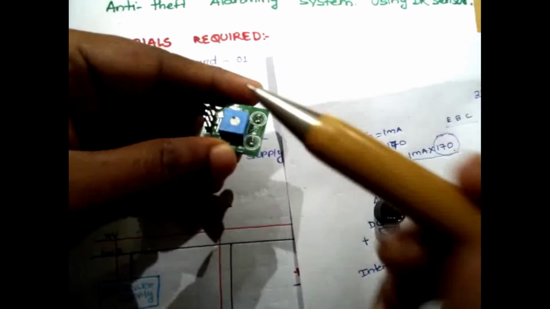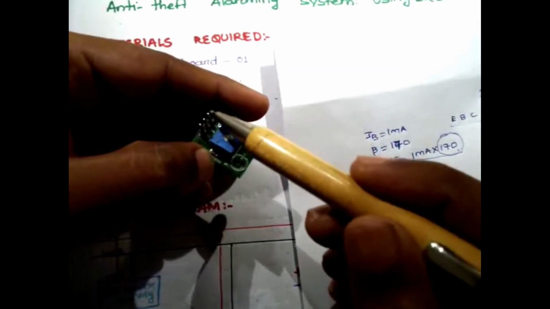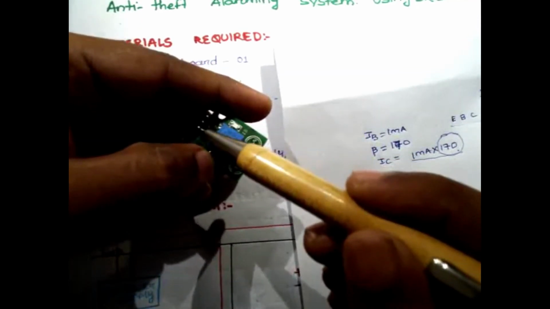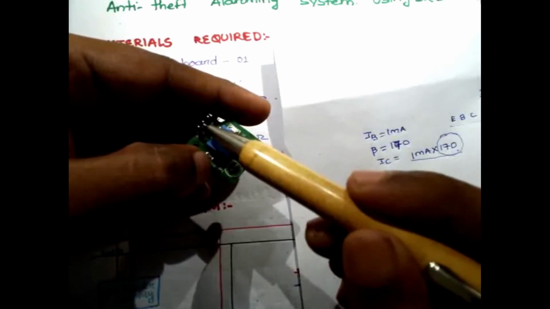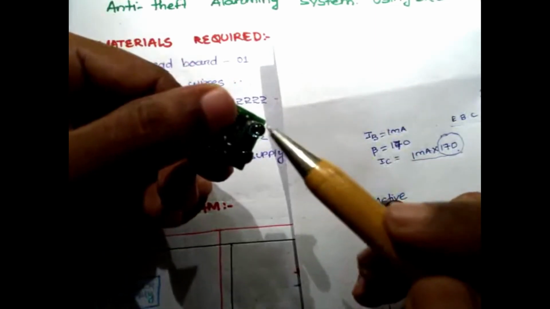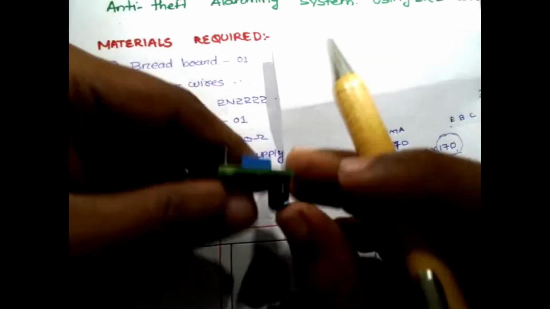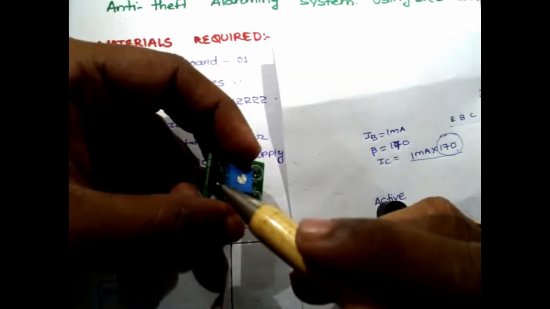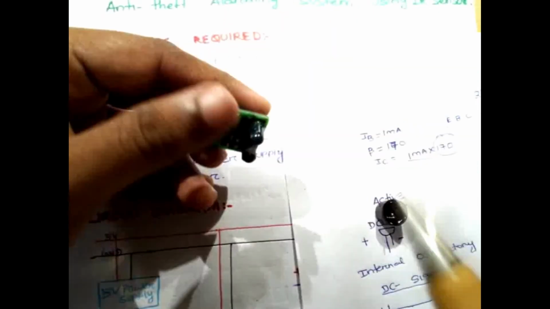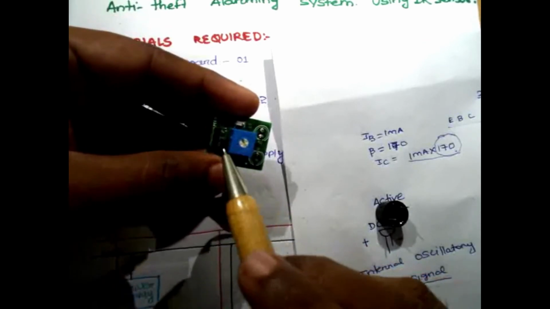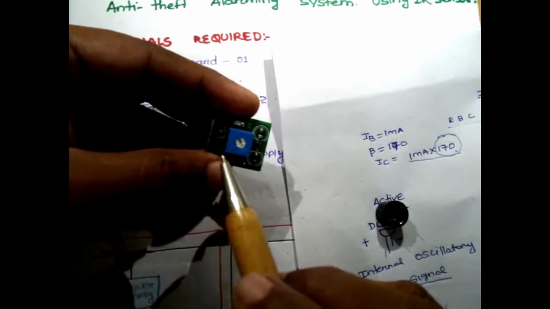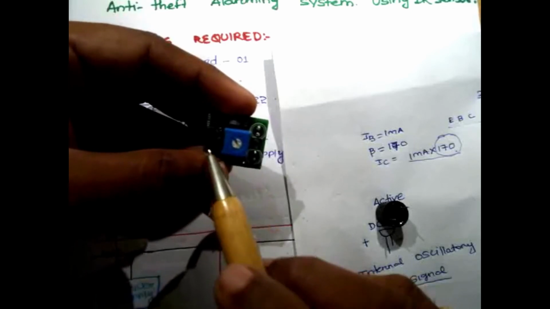This diode will emit IR light when it is energized, means when you give supply. Suppose this has 3 terminals: one is the 5 volt terminal, one is ground, one is output. Suppose I give 5 volt and ground here, then this LED starts emitting light, but the output will be 0. The output goes high when an obstacle comes in front of it, and this depends upon this port.